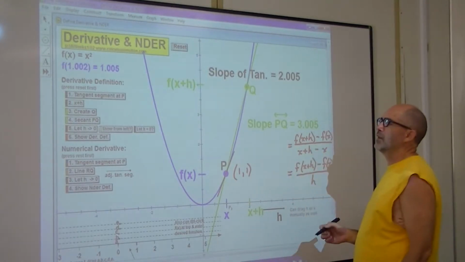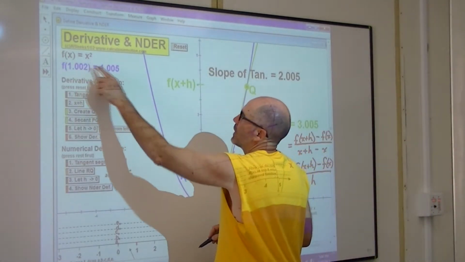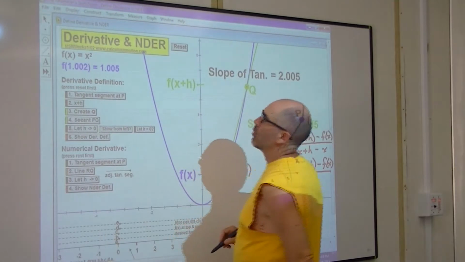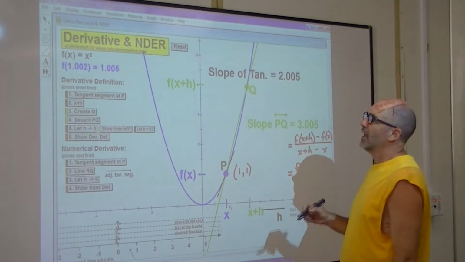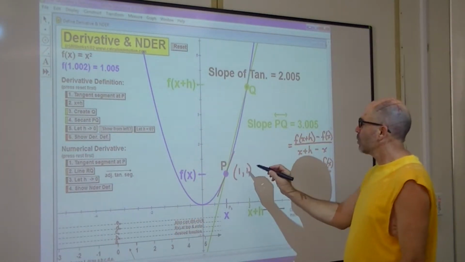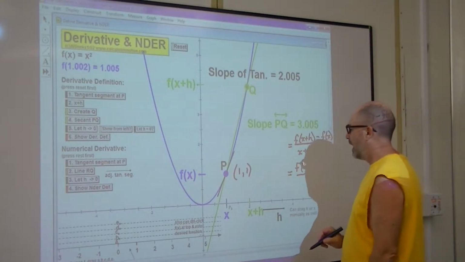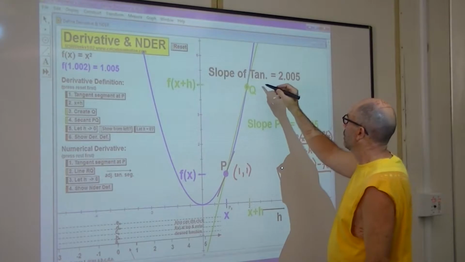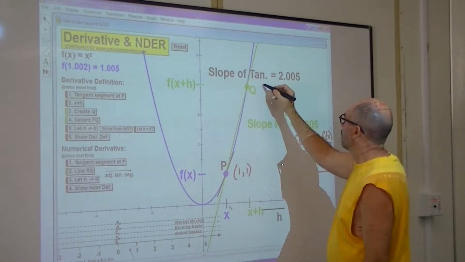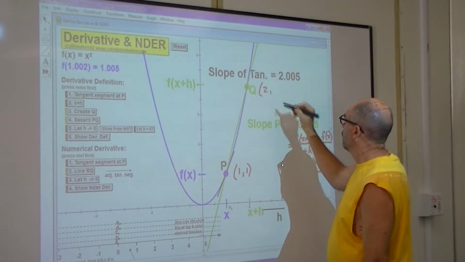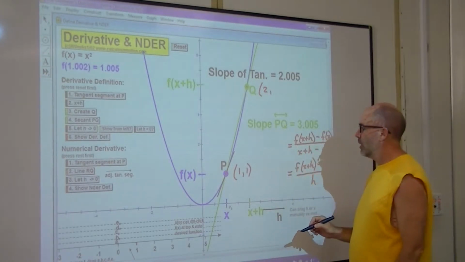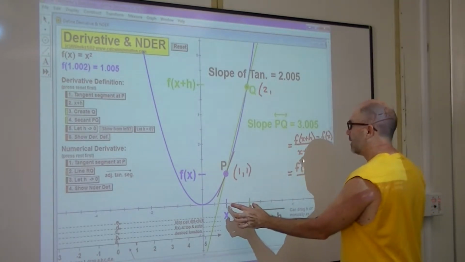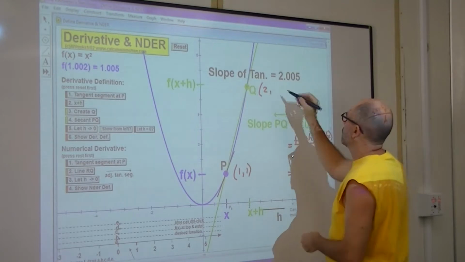Now, for some reason, this program will not let me go to exactly (1, 1). It goes 1.002 and 1.005. But we're going to call this (1, 1). And now, let's say we make point Q x equals 2. So what's the y value? Well, it's got to be 2 squared, which is 4.